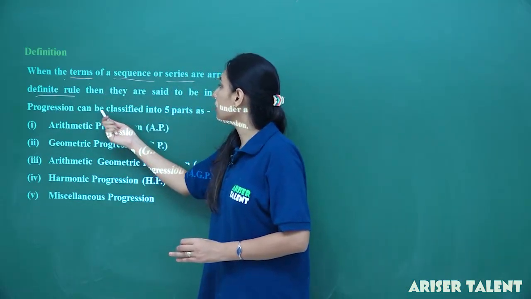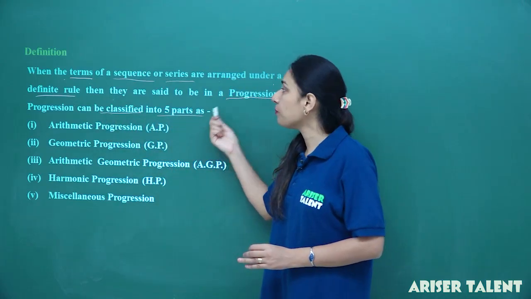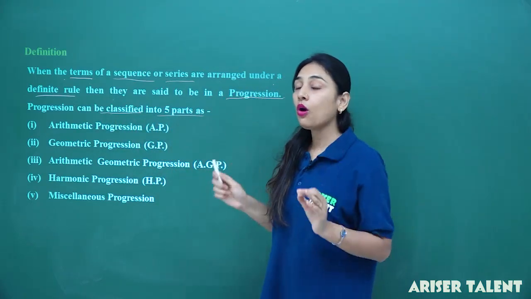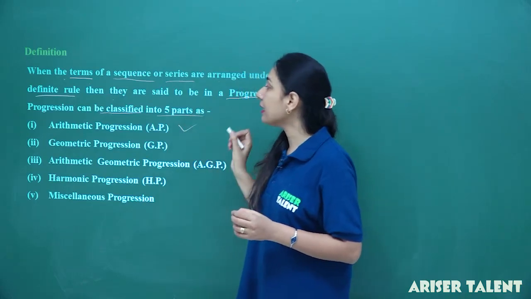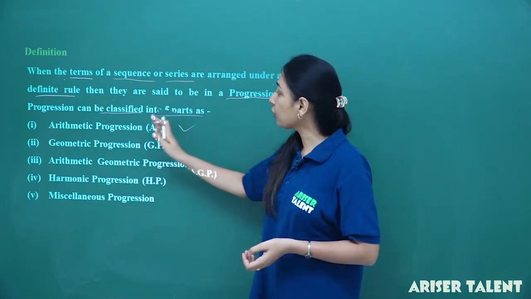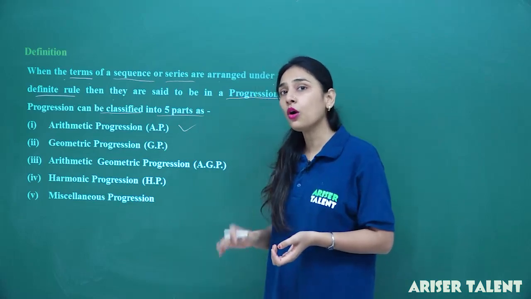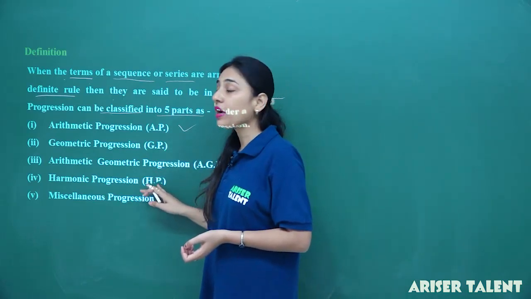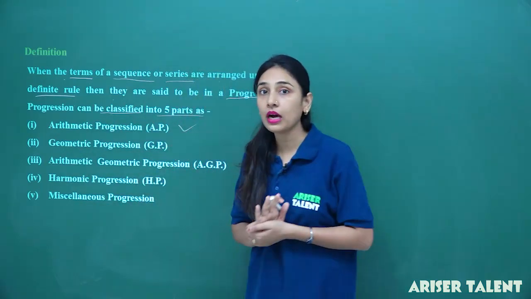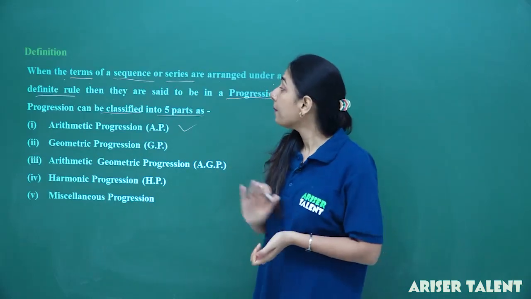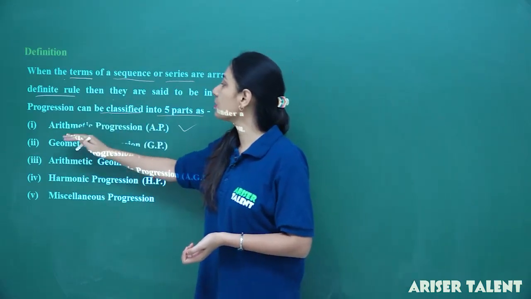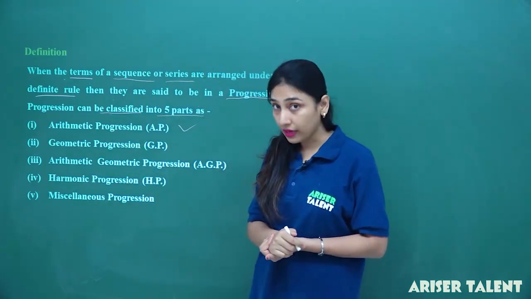Progression can be classified into 5 parts. We will only talk about arithmetic progression; you will find out about the others in your higher classes, but for now we are only going to discuss arithmetic progression, right?